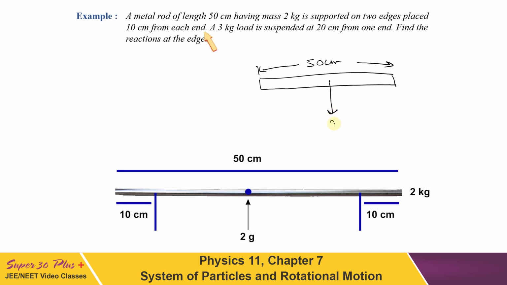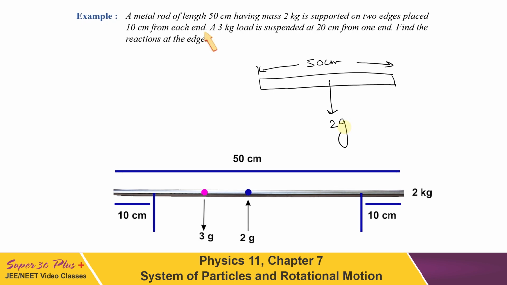So this will be 2g at the center of the rod, where its center of gravity as well as center of mass is lying. Now these two edges on which it is placed are 10 cm from each end. So let this be the position of the edges. This distance is equal to 10 cm.